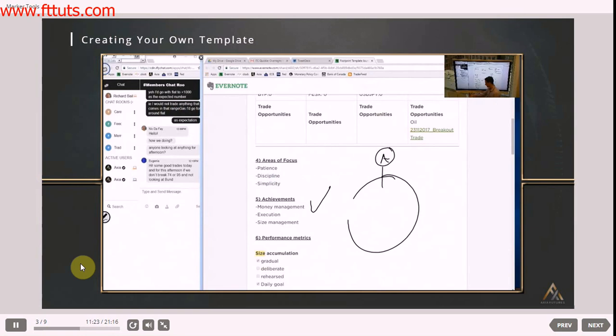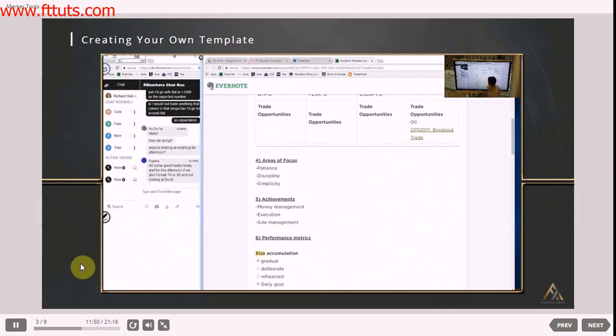Because when you come in the next day, you say, okay, well, look, these were areas. Yes, I lost money. However, I did a really good morning session. I was really prepared. My routine was good. I came in on time. I did a really good meditation set in the middle of the day, and that made me more balanced. Because it's ultimately the achievements you want to keep doing, and it's the areas of focus that you want to work on. Again, we create another pause in the feedback loop.